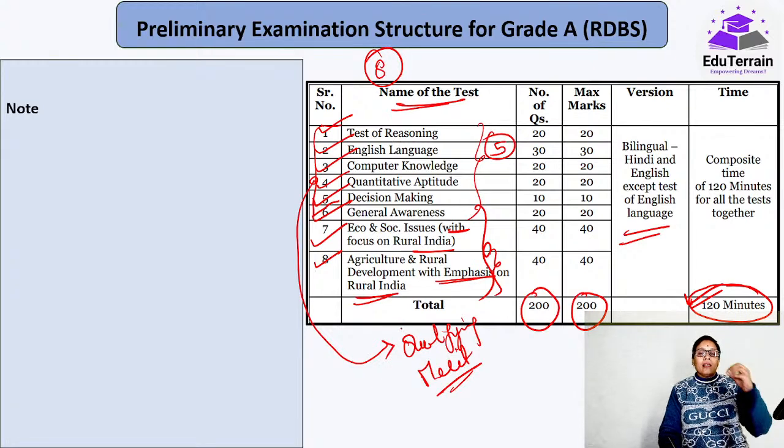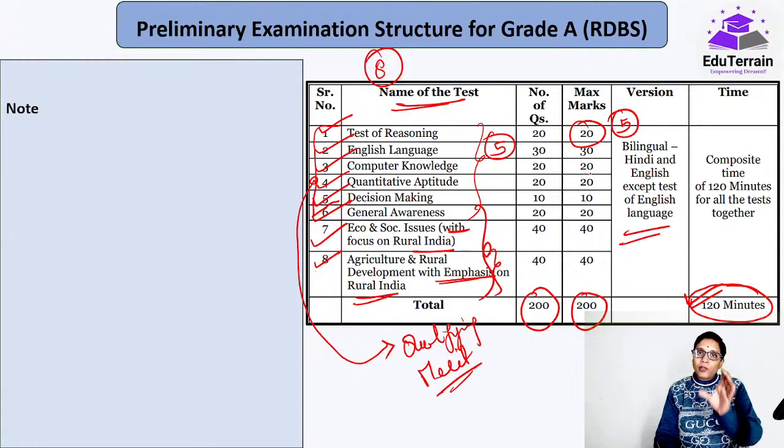That is in the notification; after that they give some details of the examination, the kind of questions that are asked. There only they'll mention the qualifying marks for each of these tests. For example, test of reasoning, here it is 20 marks, so they might give the qualifying mark as 5 or 6, for example.